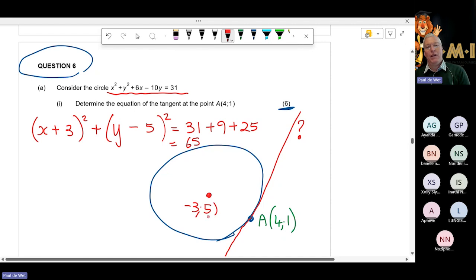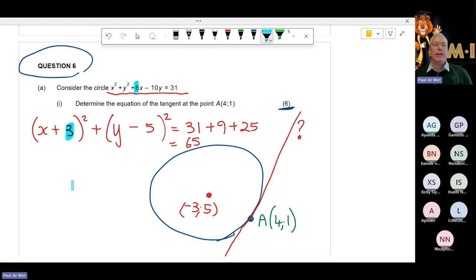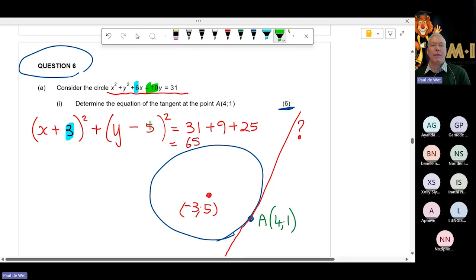Okay. All right. So, guys, I'm hoping that you're comfortable with completing the square. What the learner said very nicely is we halved that. And the reason we halved that is because when we square, it gets doubled. We halved the minus 10 to get minus 5.